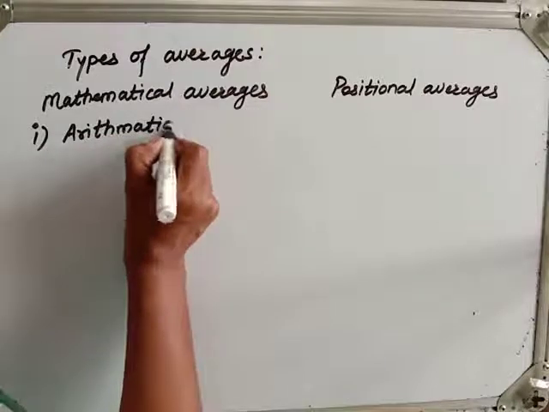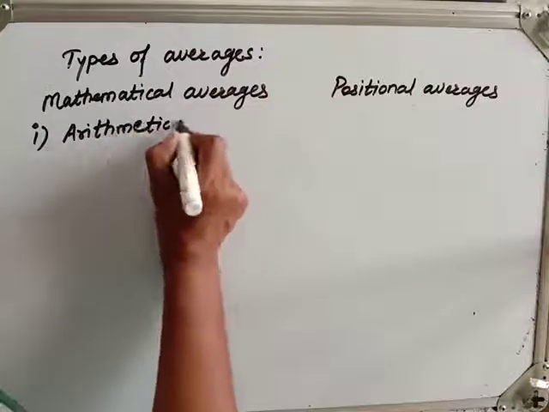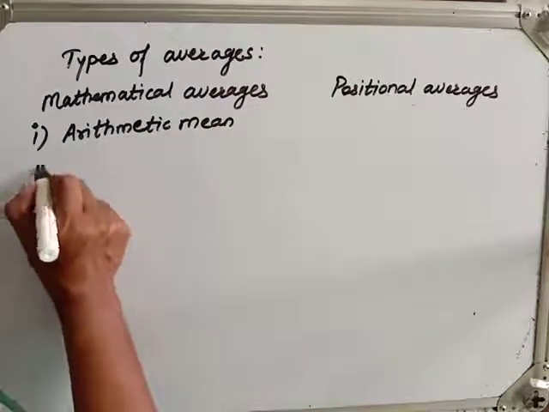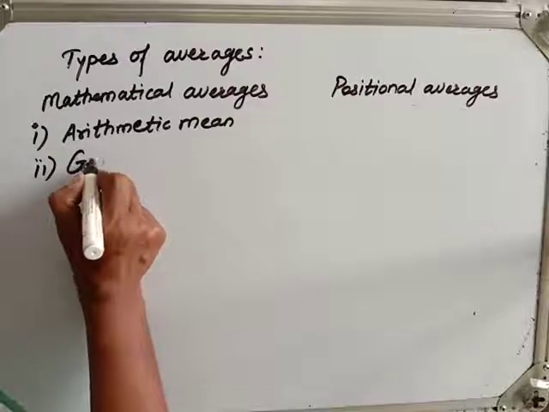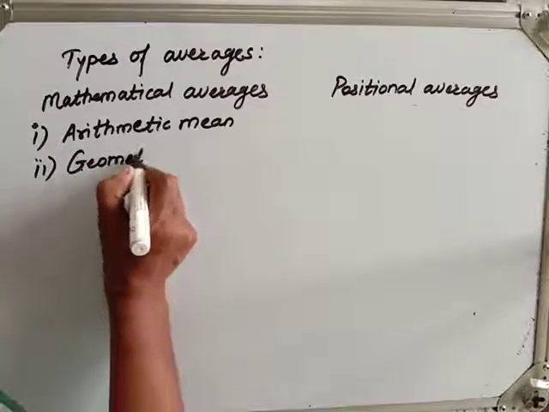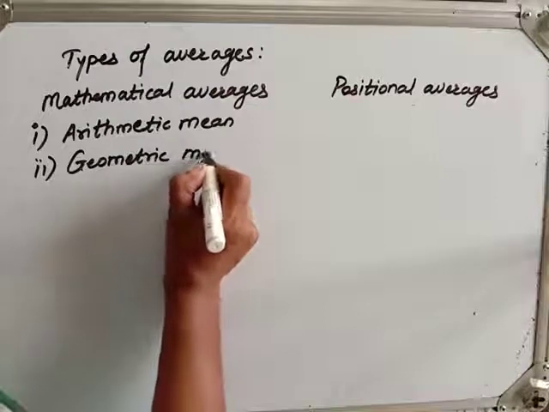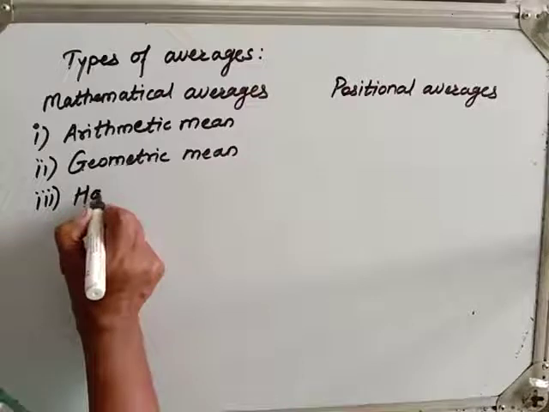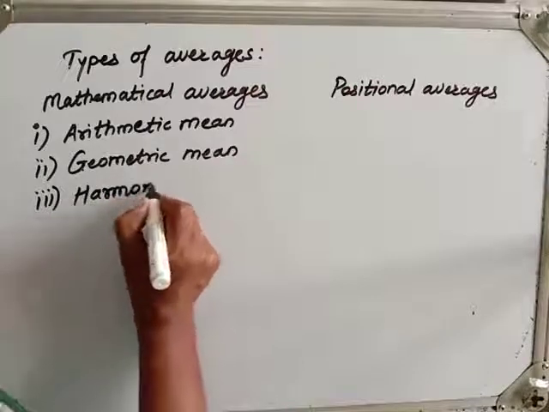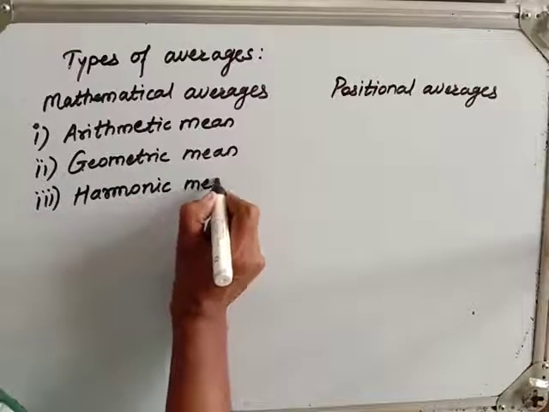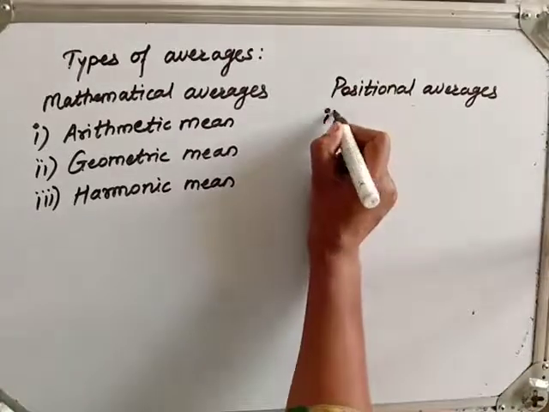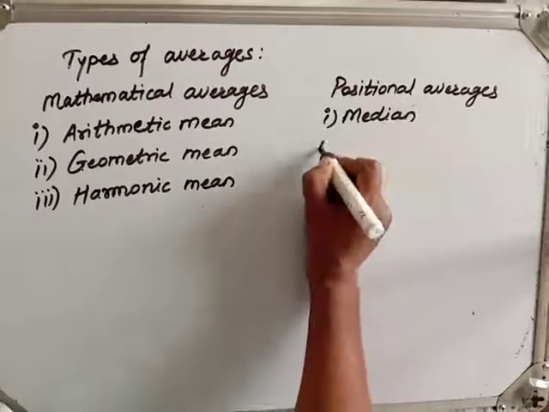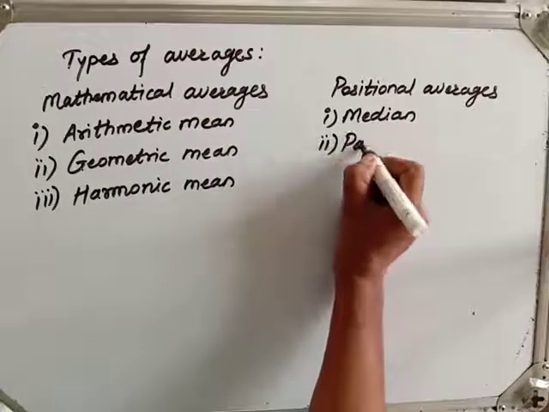The second is geometric mean. And the third mathematical average is harmonic mean. Now positional averages. The first one is median. The second one is partition value.